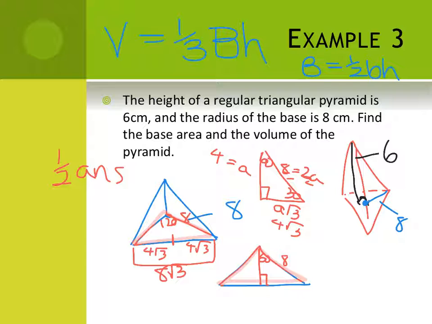And I can also see that I have an apothem of 4. So my apothem right here is 4, which was right here.